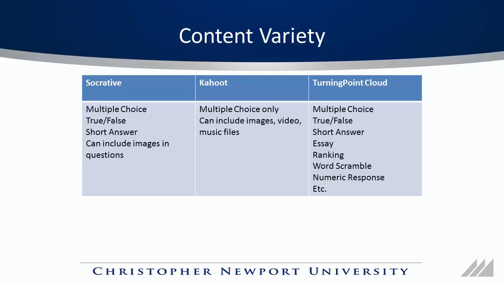However, Kahoot is also the only platform in this video that is built to incorporate video footage, courtesy of YouTube, and music files. Of the 3, Turning Point Cloud has the widest variety of content that can be placed in an assessment. While it uses the same types as Socrative and Kahoot, it also includes things like essay space, numeric response, ranking, and a wide variety of other question types.